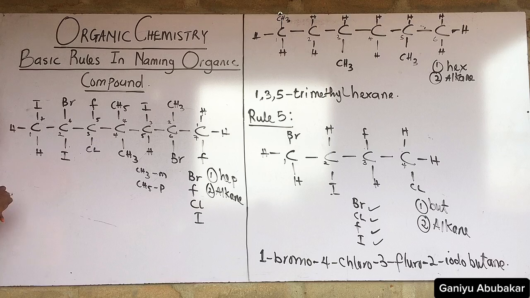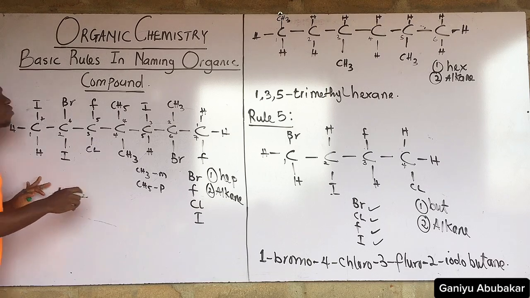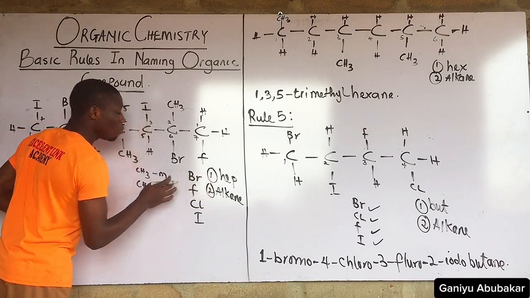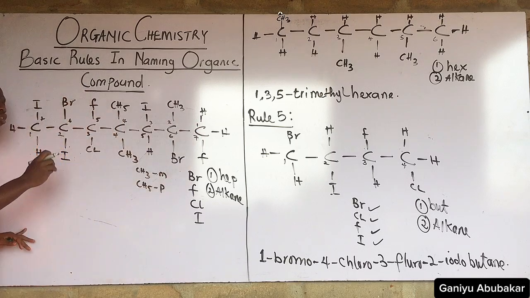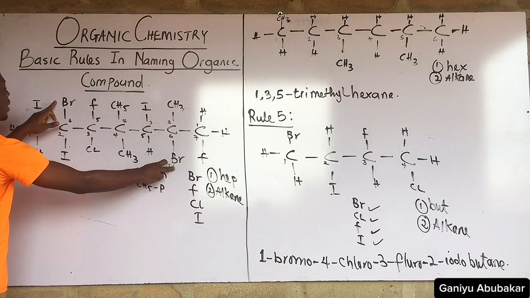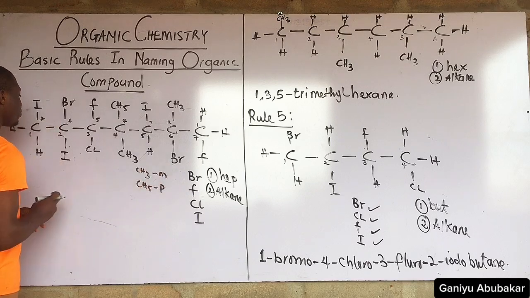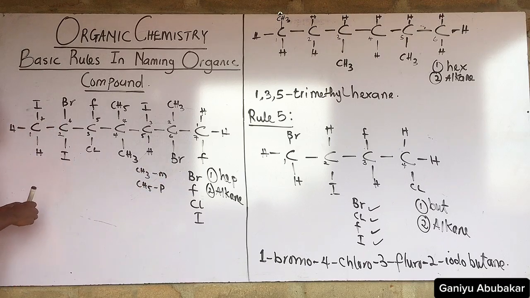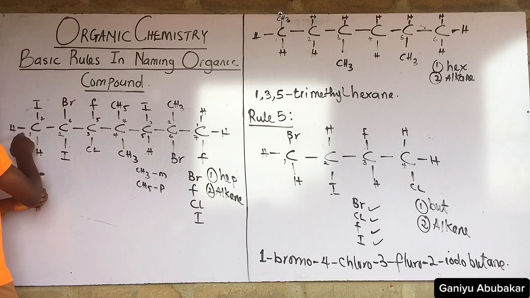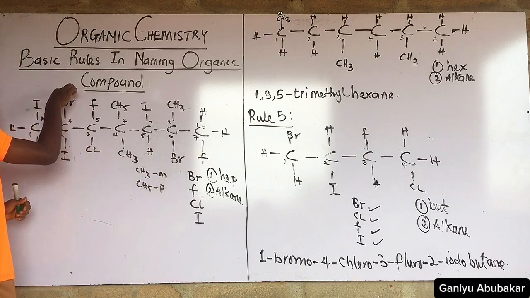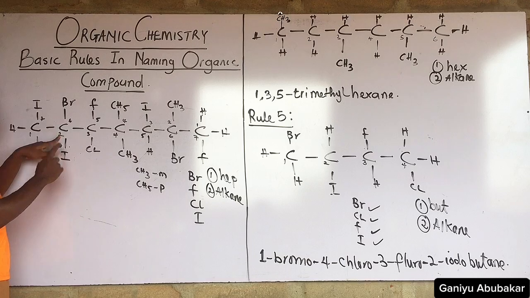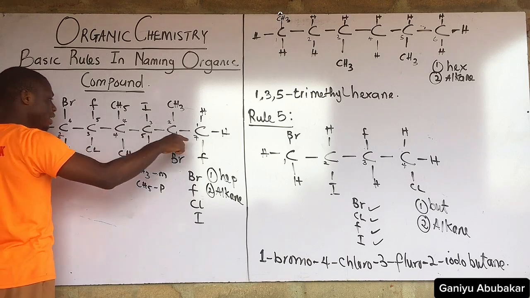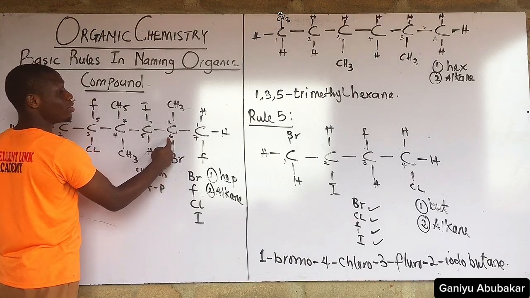Let's name this compound. Before that, I'm starting with bromine, so my priority is to give the lowest possible number to bromine. How many bromine do I have here? I have 2 bromine. Using my upper numbering, this bromine is attached to carbon 2, and this other bromine is attached to carbon 6.